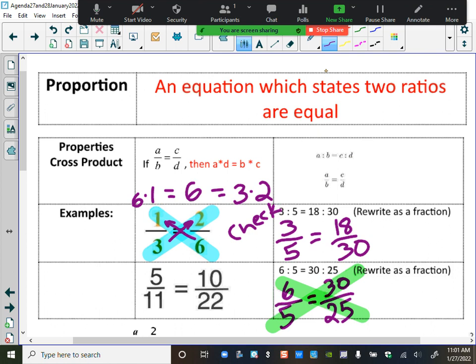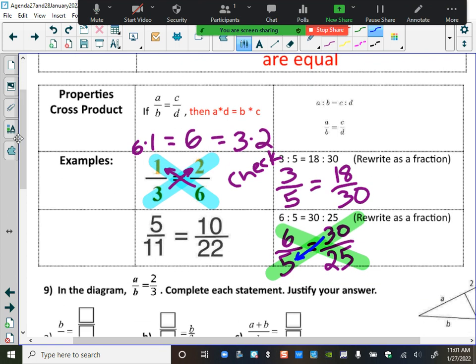Or 30 times 5? 150. 30 times 5 is 150. What about 6 times 25?